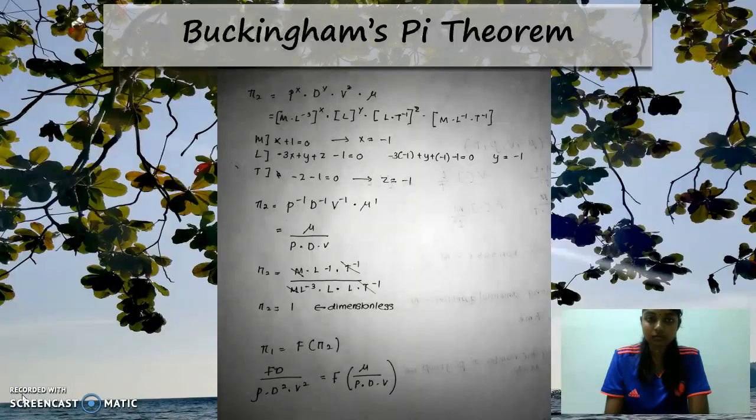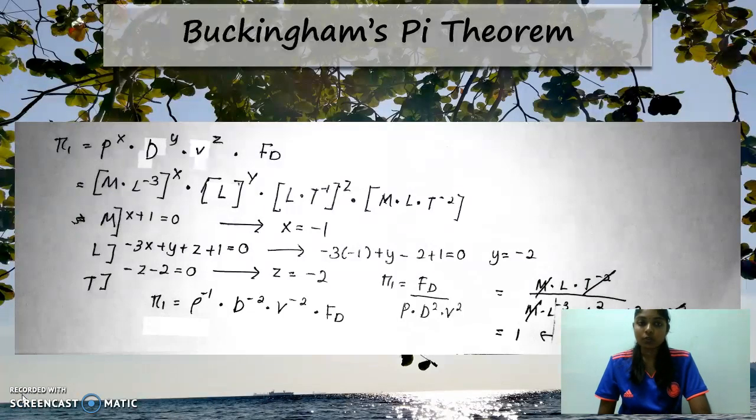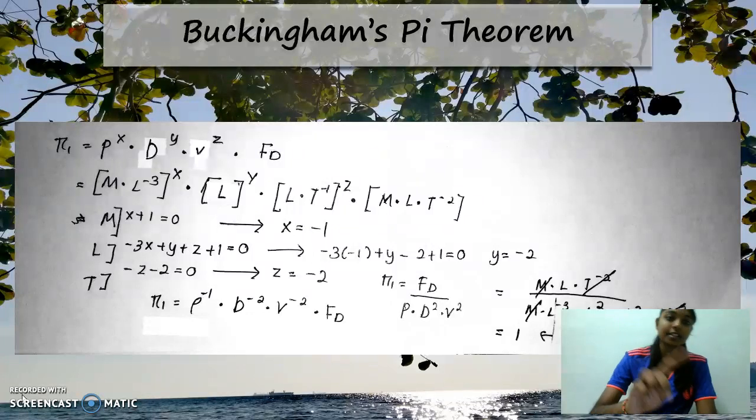First we use the first pi. We choose the repeaters: density, distance, and velocity. We have another two, which are Fd and mu, which is viscosity.